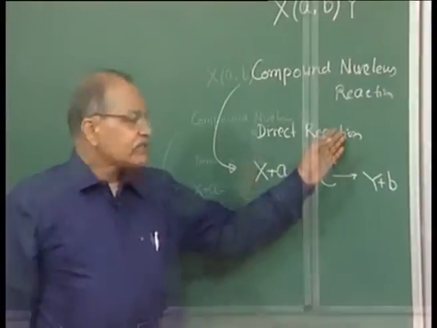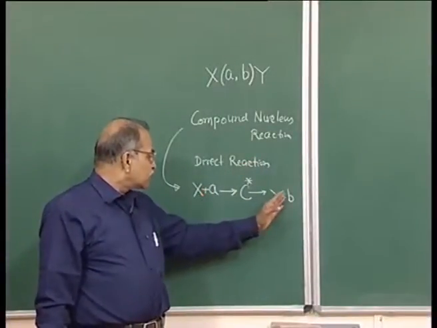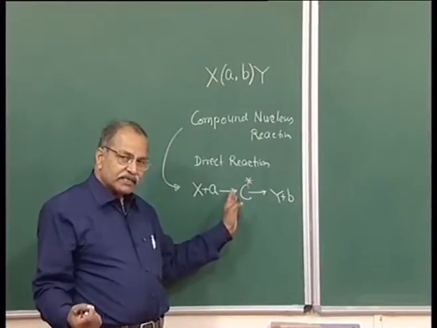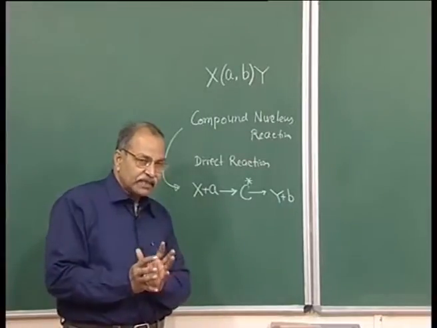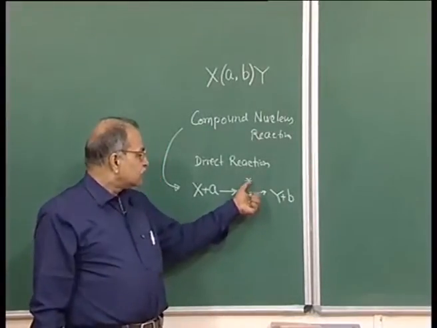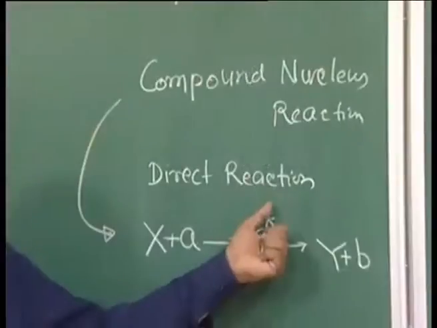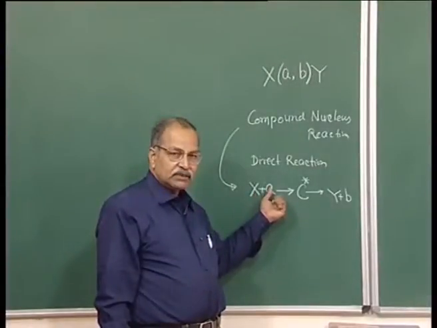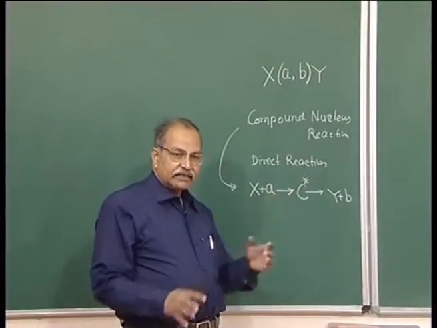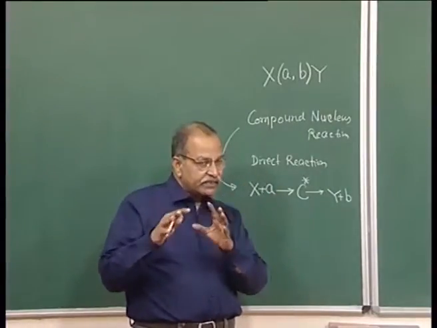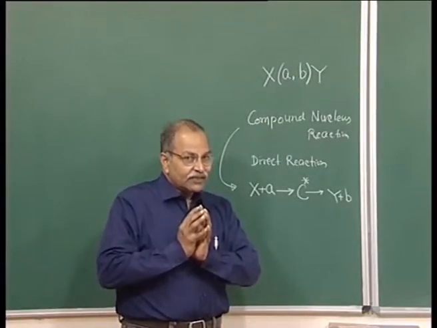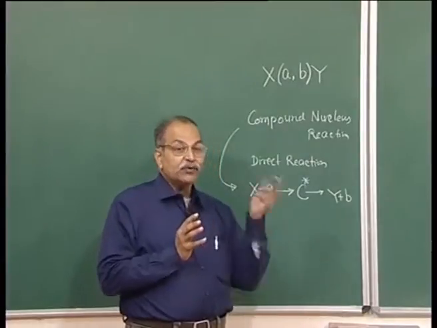There are a variety of direct reactions also, but coming back to this compound nucleus reaction, one of the basic assumptions in understanding this kind of mechanism is that once this C star is formed, once this projectile nucleus A is absorbed into the target nucleus, and then the energy is equilibrated among all the nucleons, so that the compound nucleus is formed, then it has lost all the memory of how it was formed.